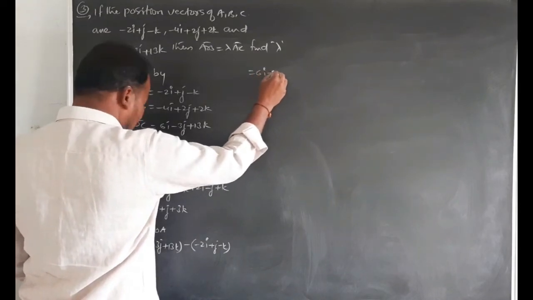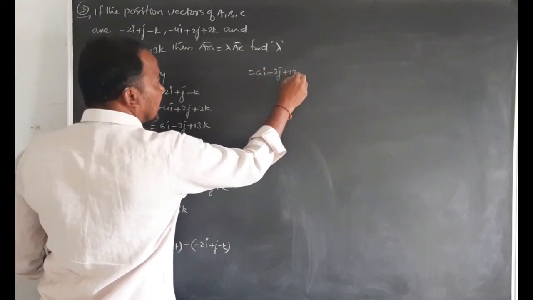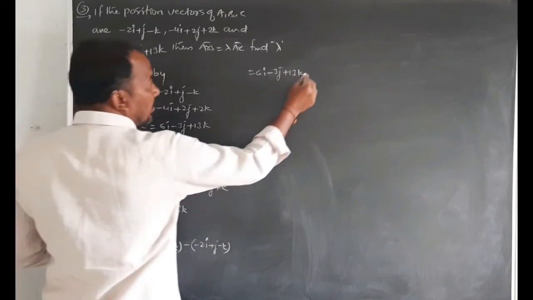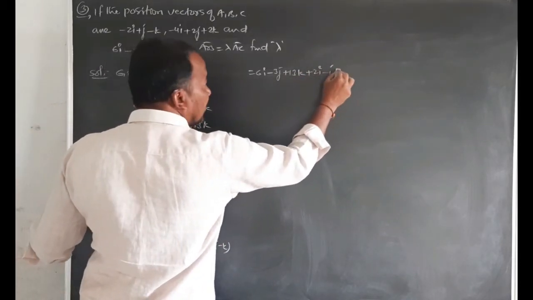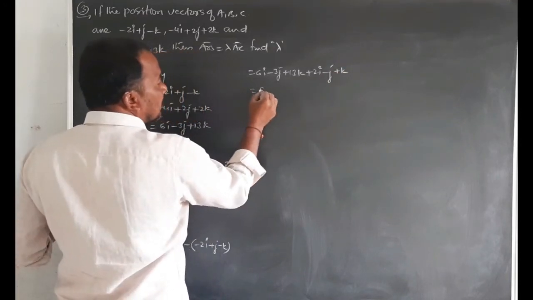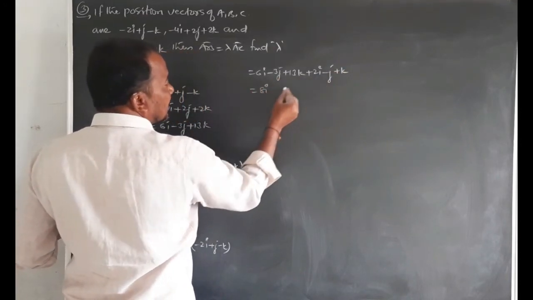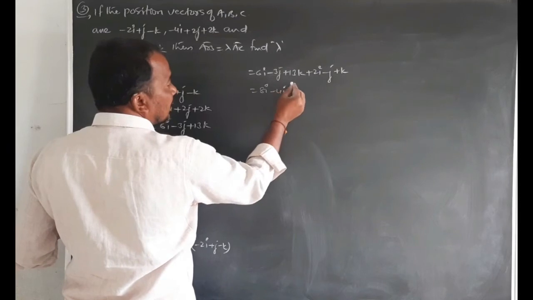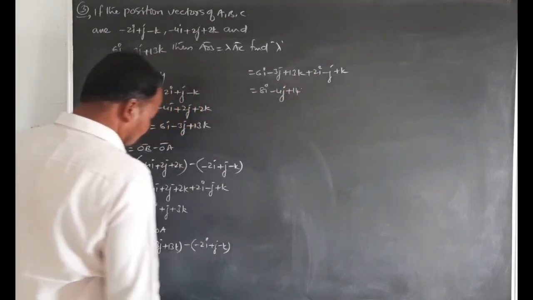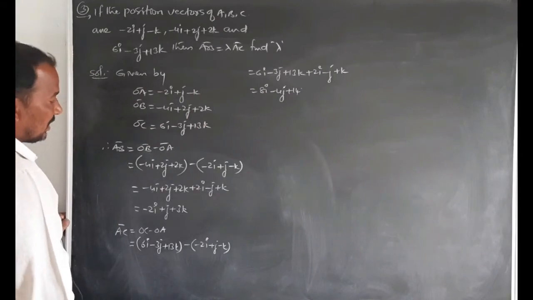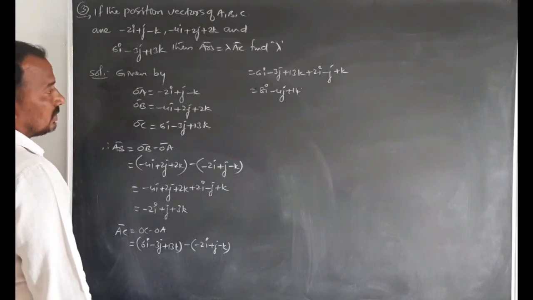6i minus 3j plus 13k plus 2i minus j plus k, 8i minus 3j minus j minus 4j plus 14k, plus 13k.